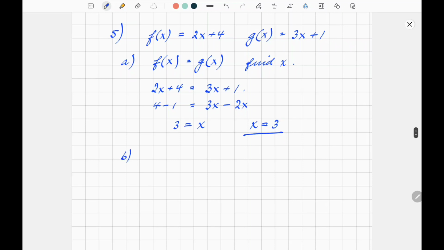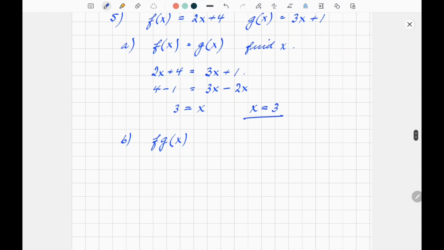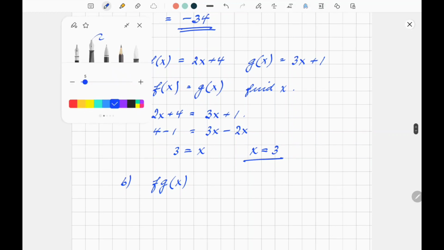Second part, it says find and simplify the expression for fg of x. Now this one I'll explain. Whenever you've got two functions of x or any variable, one after another, you always do it, and I will put this into a color, it's important.